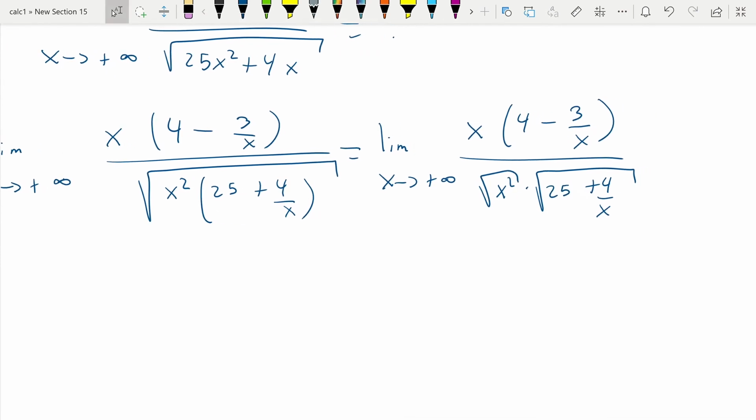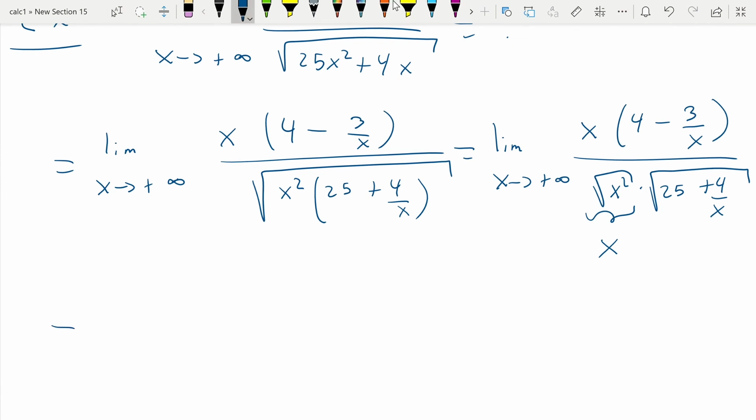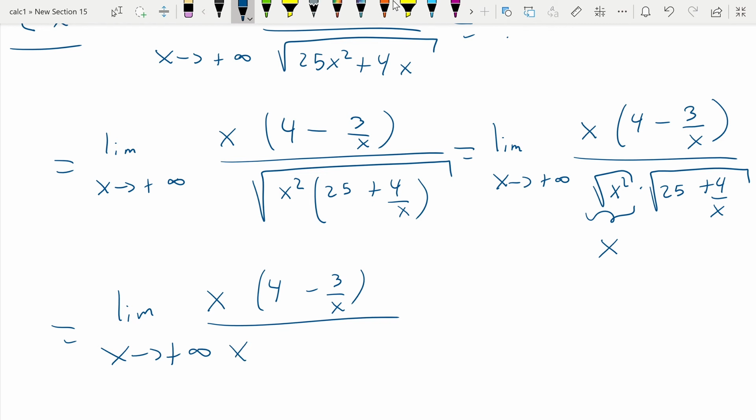And since x is positive, the square root of x squared is just x, so this is just equal to the limit as x approaches plus infinity of x times 4 minus 3 over x divided by x times the square root of 25 plus 4 over x.